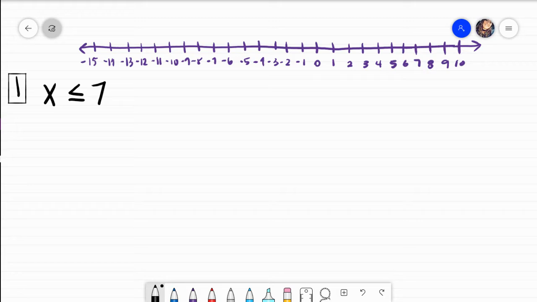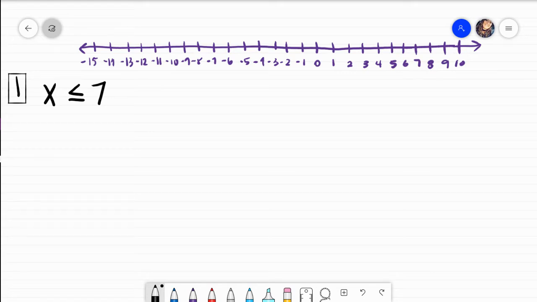So it kind of tells you that you're going to do the interval notation first, and then from there graph it. Y'all, the way it makes the most sense to me is to graph it first, and then I'm going to show y'all how the data that's on your number line is literally how you write your interval notation. So let me go ahead and do that for you.